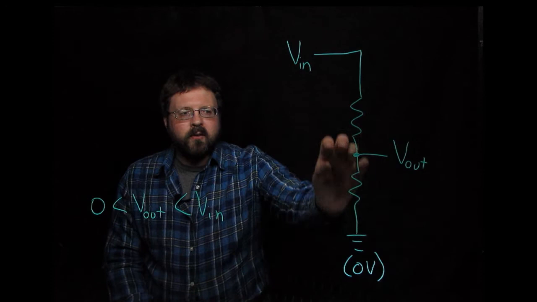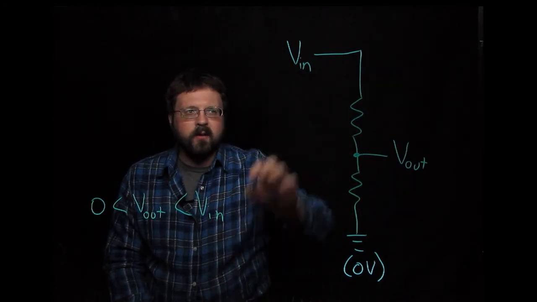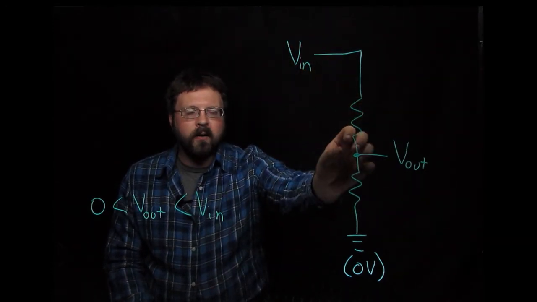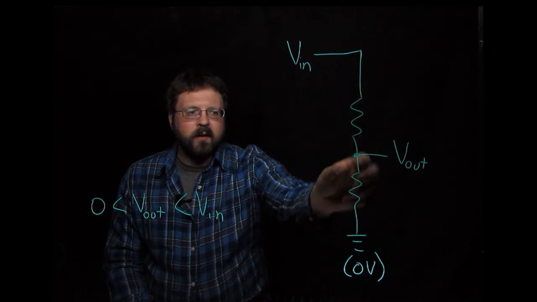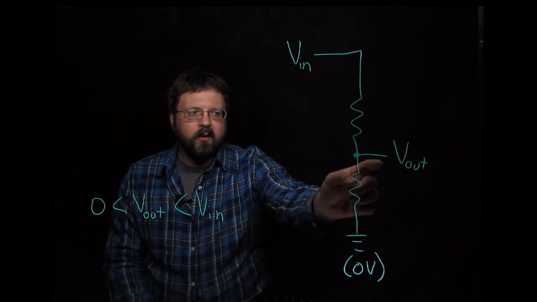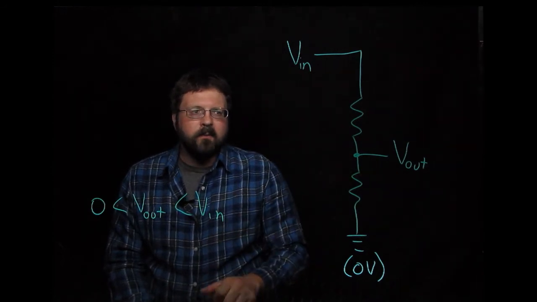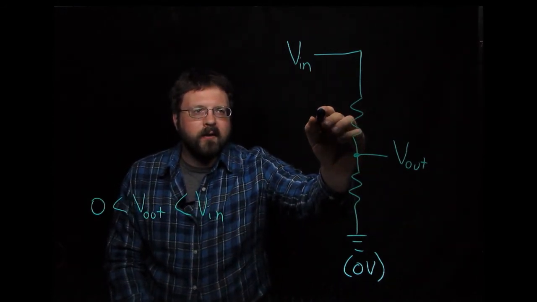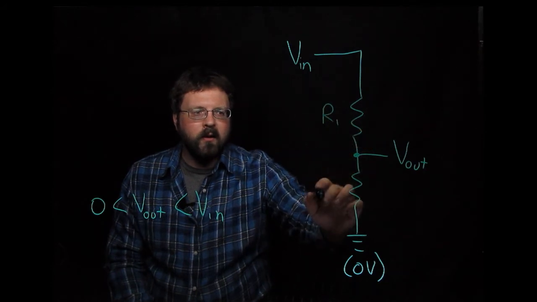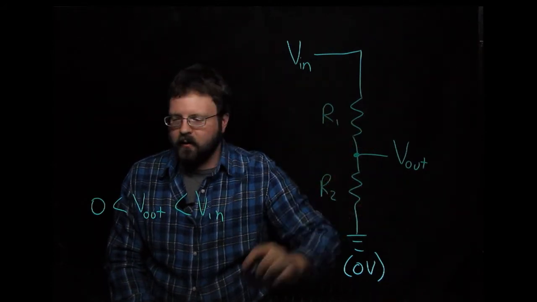Now, if these resistors are equal to each other, that means we go from Vin down a little bit here and then down the same amount through here. So Vout should be halfway between Vin and ground. To quantify this, let's label these R1 and R2.